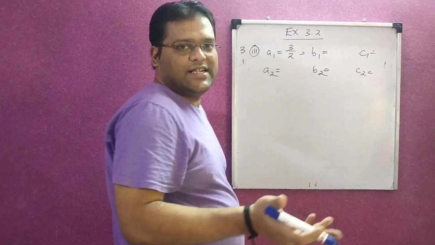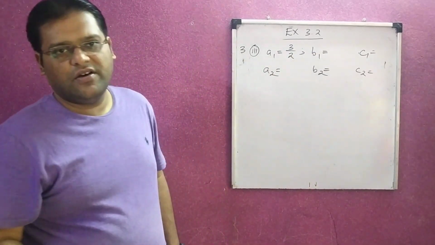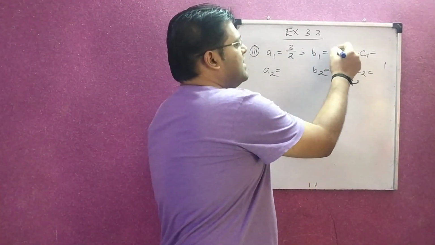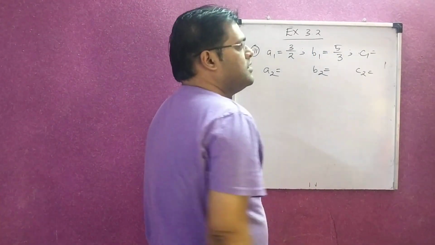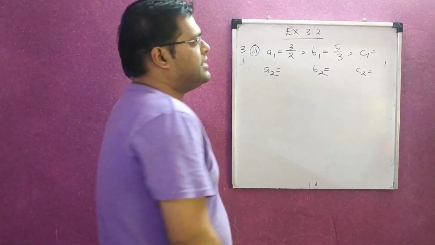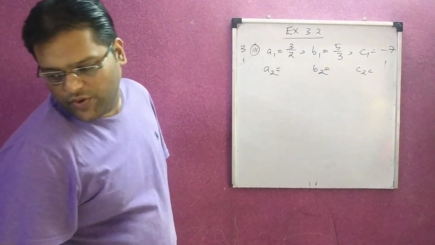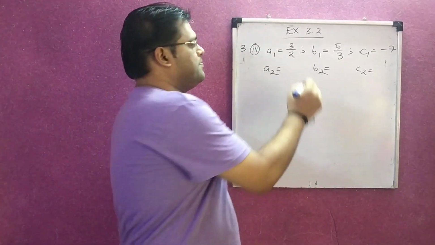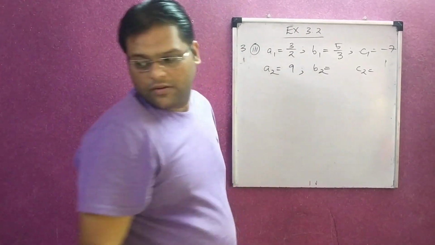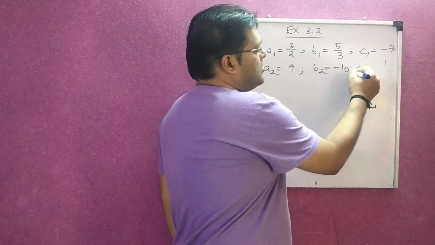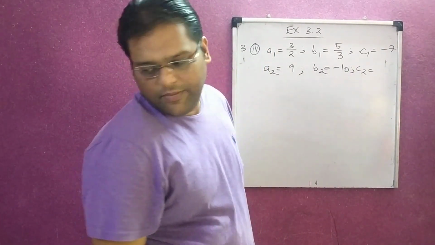You can also take the LCM and then find the values, right? And then B1 is 5 upon 3 and C1 is going to be minus 7. Right? A2 is going to be 9. B2 is going to be minus 10. And C2 is going to be minus 14.